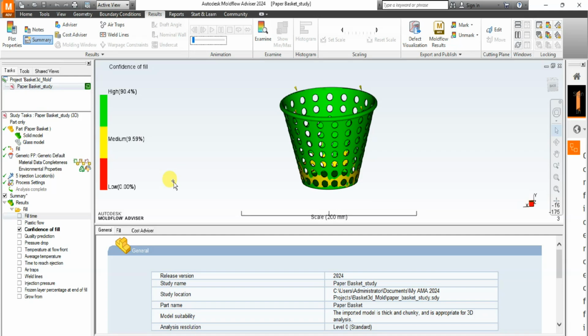So this particular part of the result is very important. To ensure the finished part is of good quality, the cavity must also be adequately packed with plastic. You must therefore determine not only whether the part will fill, but also whether a good quality part can be made. That is part of what confidence of fill does.